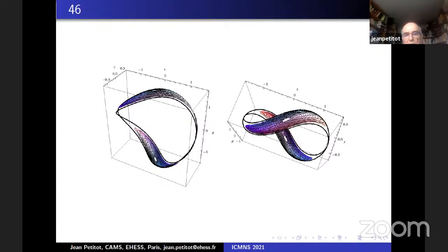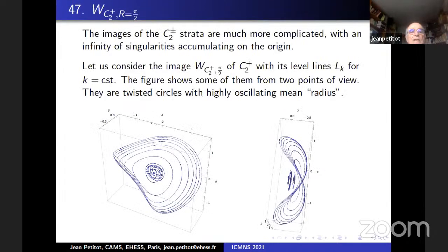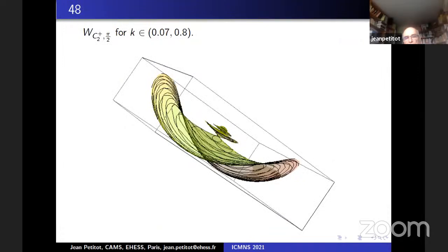But the most complex part of the sub-Riemannian sphere and wavefront is given by the images of the C2 strata with an infinity of singularities accumulating at the origin. So here you have the image of some level lines of WC2 plus for k equal constant, the modulus k equal constant. And so you see these level lines. Here you have another, more complete image.